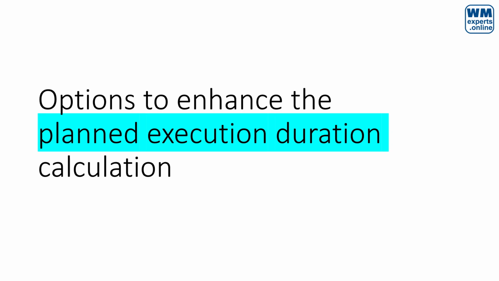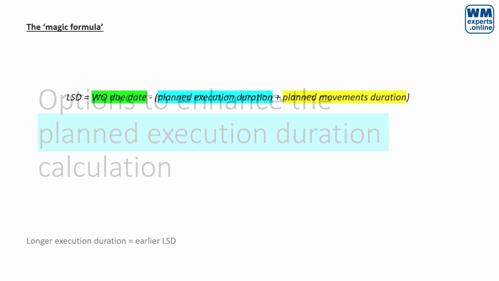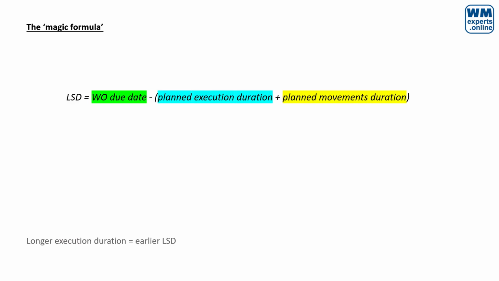So planned execution duration is the next part, and there is one straightforward option which I will explain before we have a look at the formula again. You should understand that if you change the planned execution duration in a way that it takes longer to execute the task, that also means the value that we subtract from the warehouse order due date becomes bigger, which also means that we have an earlier LSD at the end.